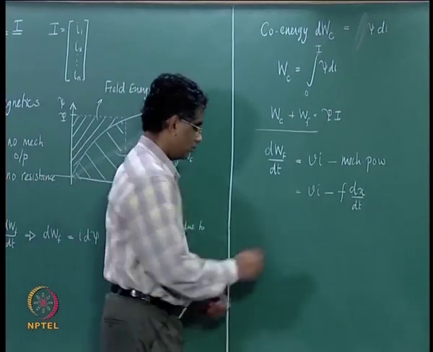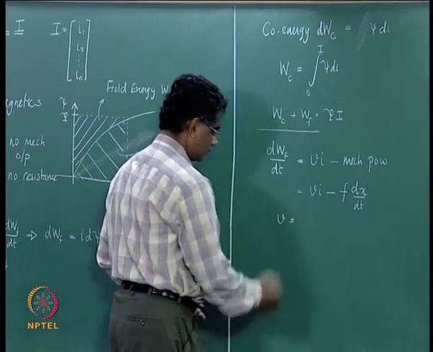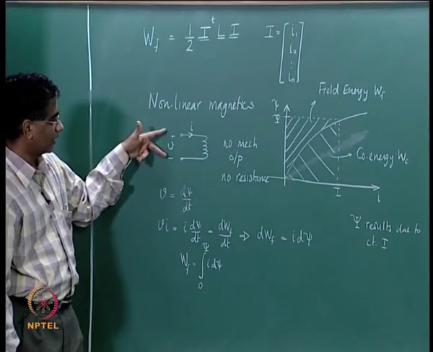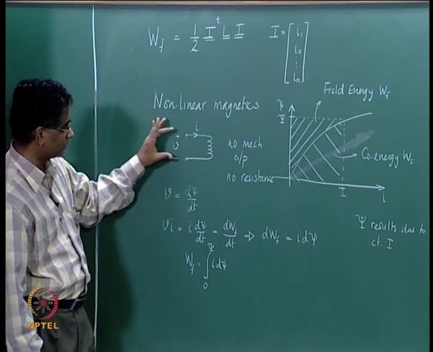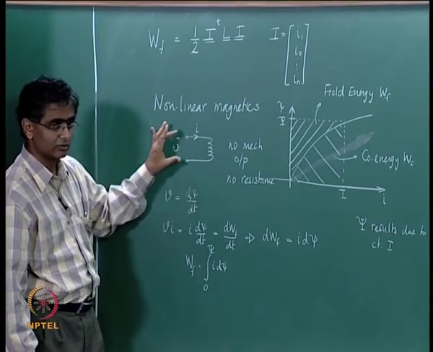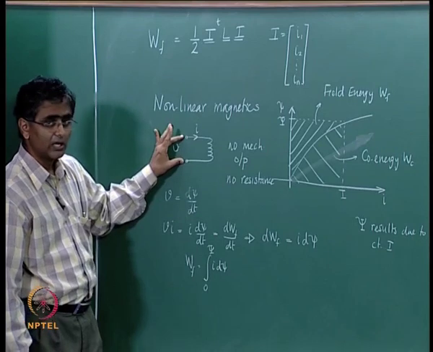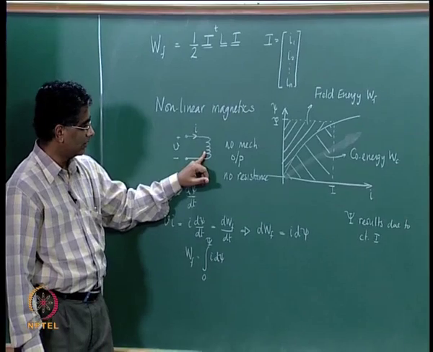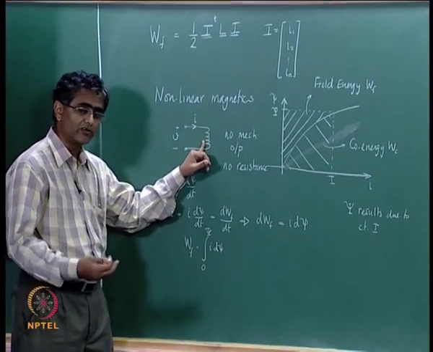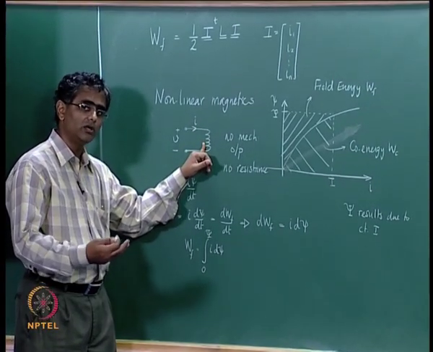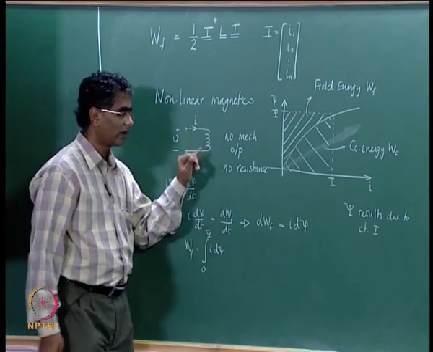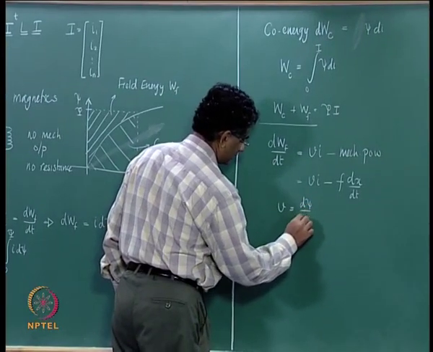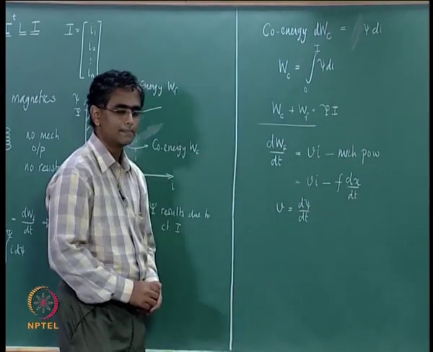We also know that you are applying a voltage directly across this loop, so this voltage has to be equal to the induced EMF, and this induced EMF by definition we know should be equal to d psi by dt, and therefore voltage is equal to d psi by dt.